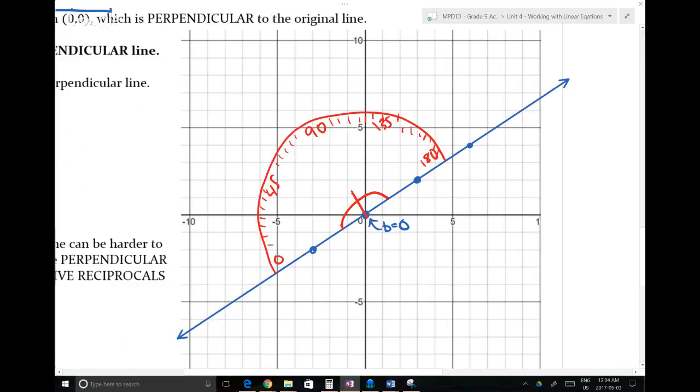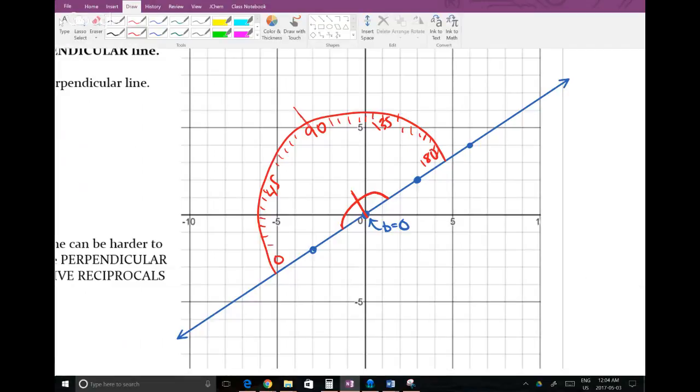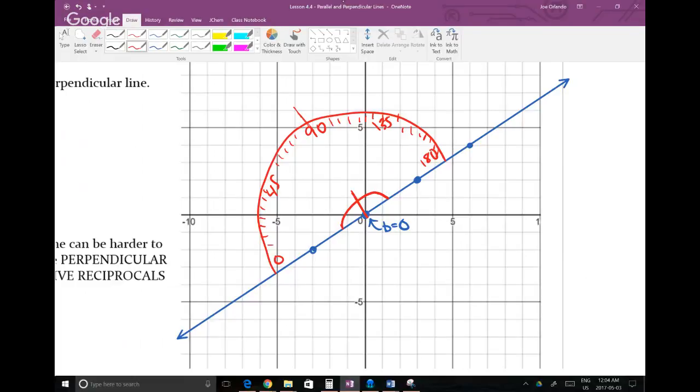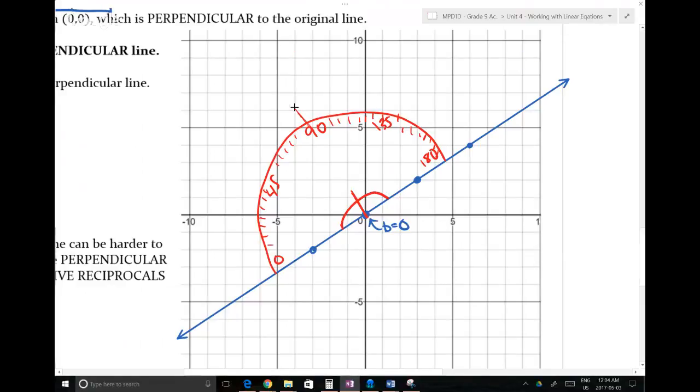Isn't that beautiful? And at 90, you're going to draw a line.